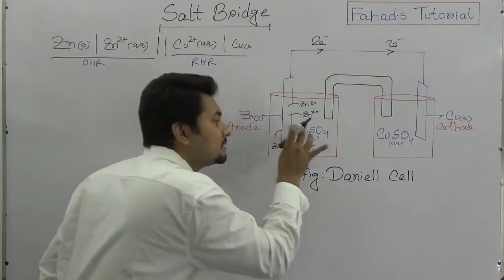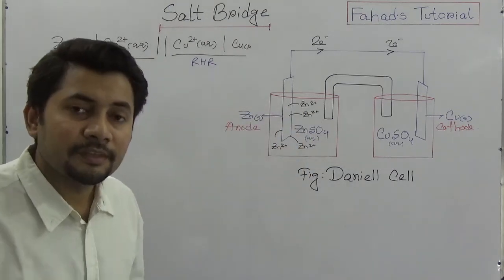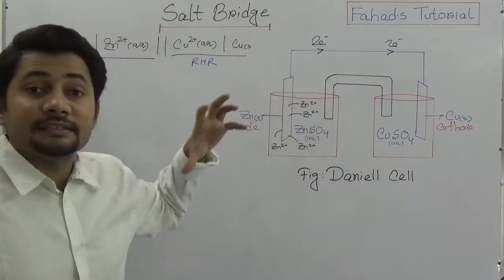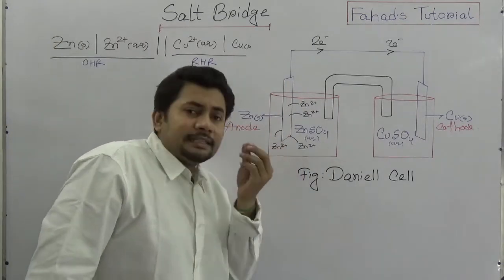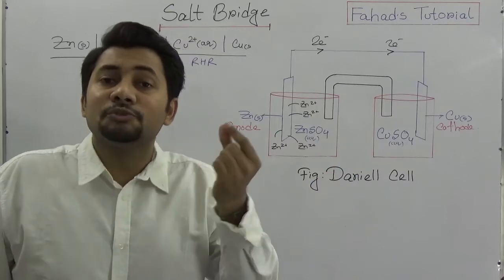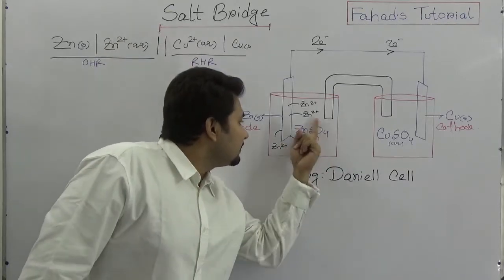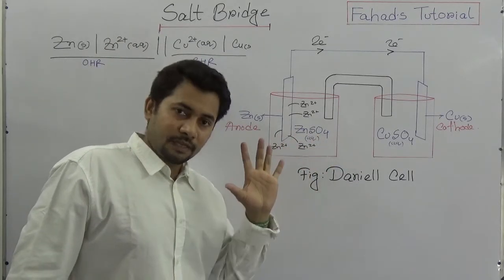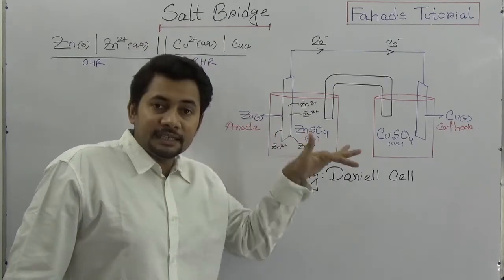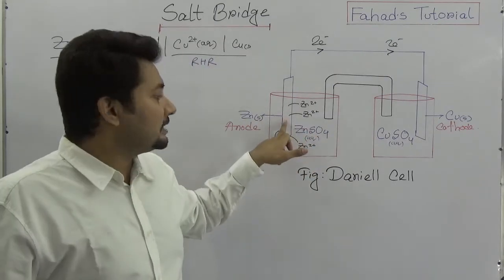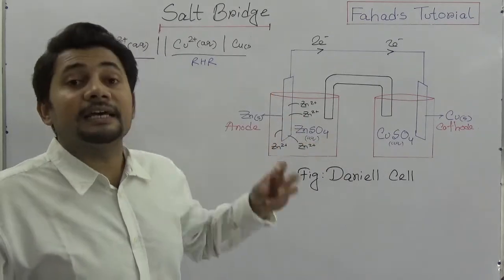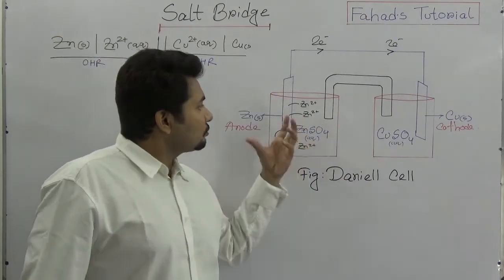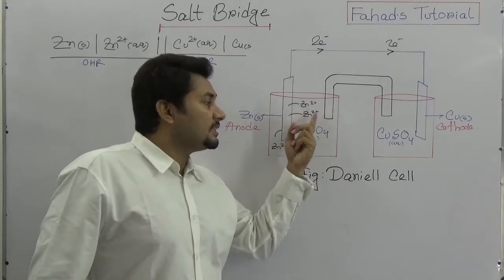So in that zinc sulfate solution, when the Daniell cell is working, after some time there will be an abundance of zinc 2 plus ions in this solution. Because zinc is releasing electrons and it is no longer in the zinc metal, it is released into the solution as a dissolved ion, so it is roaming here as a zinc 2 plus ion.